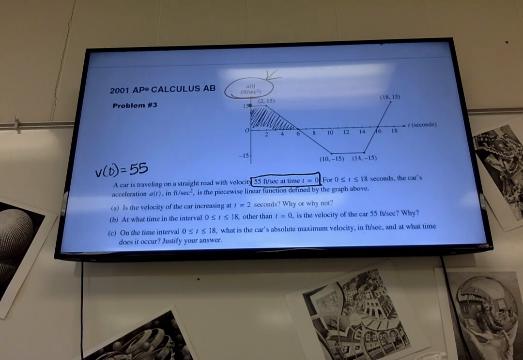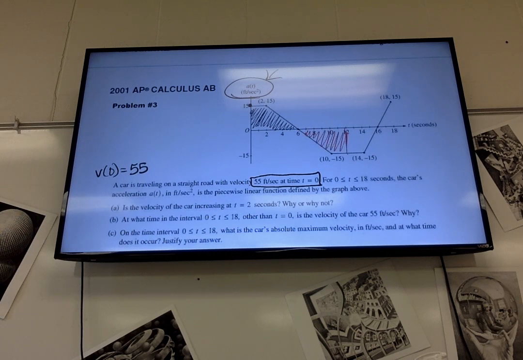Subtract. So what areas would I subtract? Why would an area be negative? Because it's under. So if I find the area that's equal to this one, then it would be back at the same original speed. 12, yes.